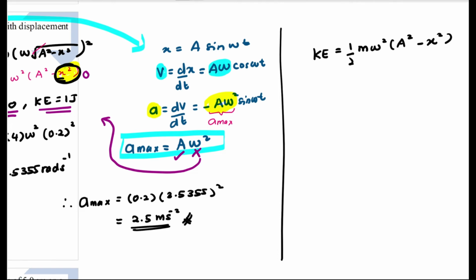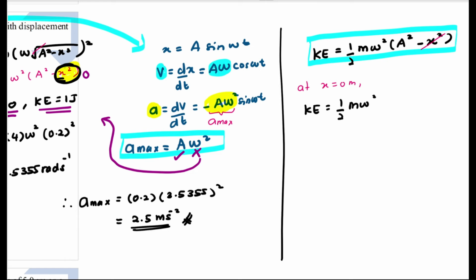So this is the formula for kinetic energy in terms of X. Now if you know acceleration maximum is equal to A omega squared, and we substitute at X equal to 0 meter, kinetic energy becomes this formula. This can't be simplified. Don't get confused, this is not A maximum. A maximum is A omega squared, not A squared omega squared.